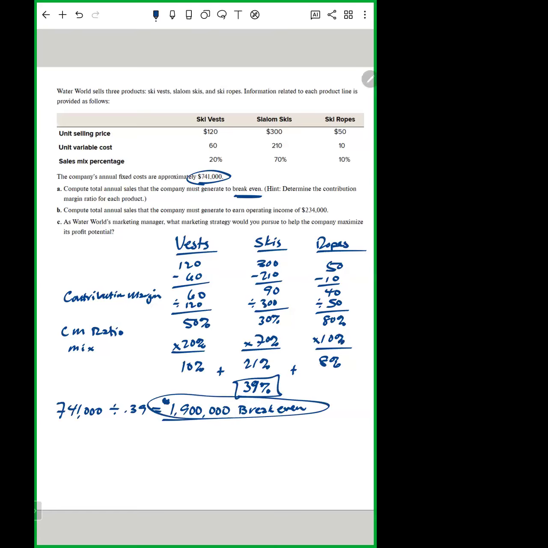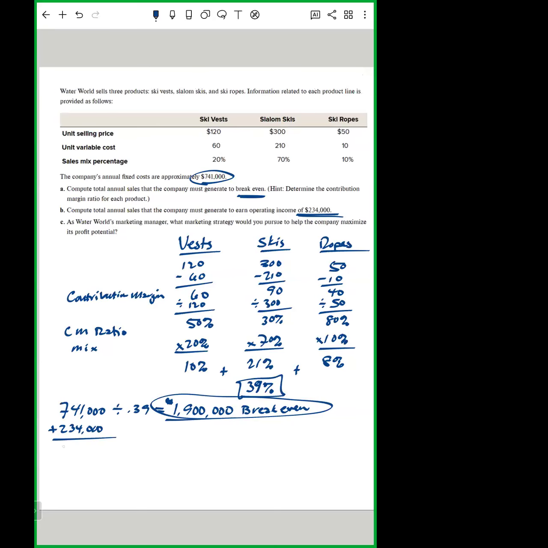All right. The next thing that it says to do, compute the annual sales that the company needs to generate to have operating income of $234,000. So now what we need to do is we need to take our 741 and we need to add 234,000 to it. So if we take 741, we add 234, we get 975,000.